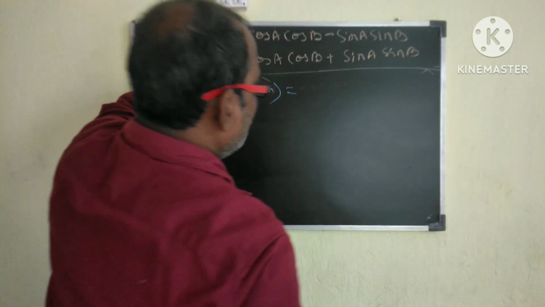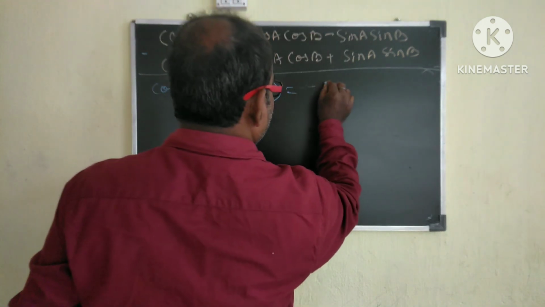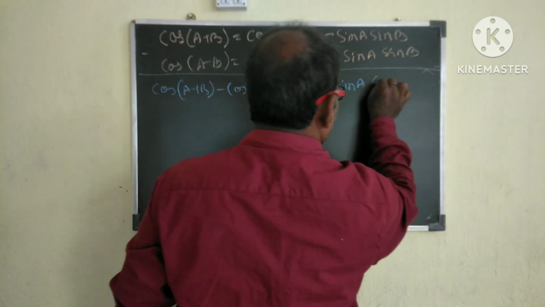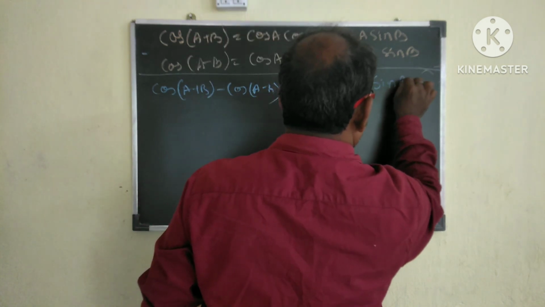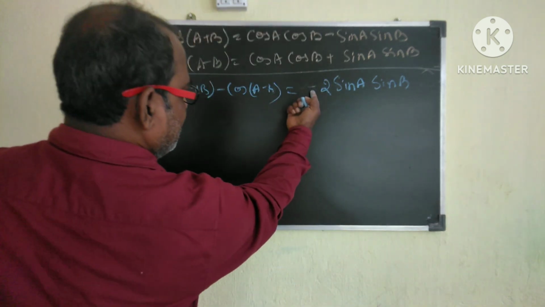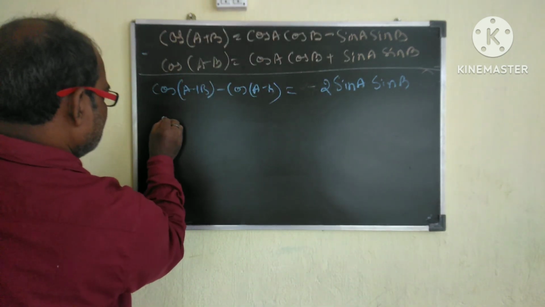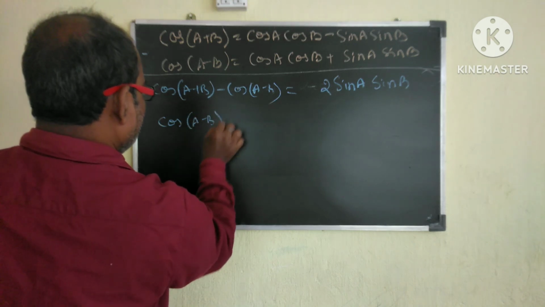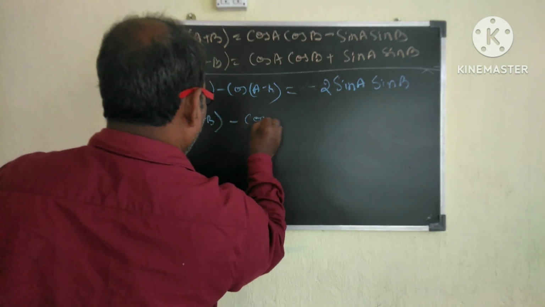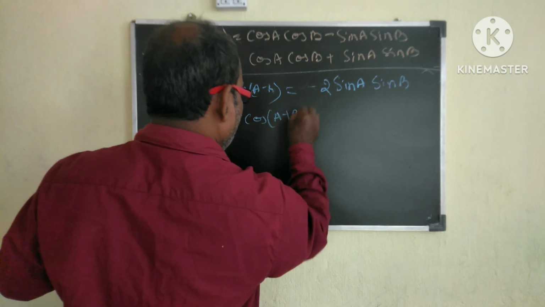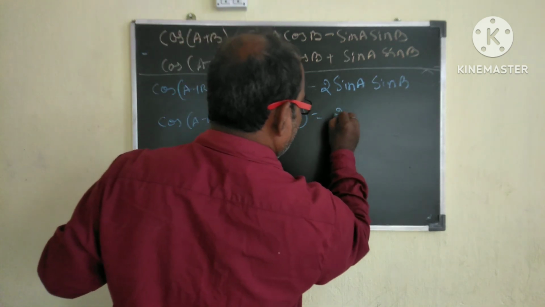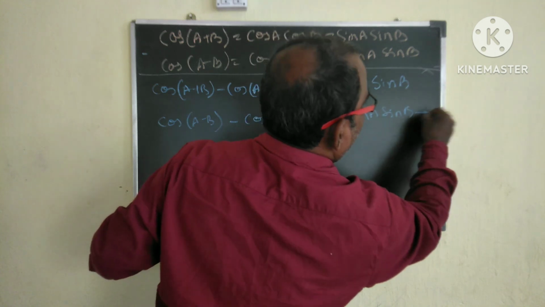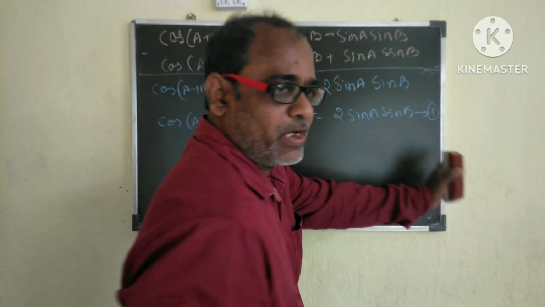So finally what we get here is minus 2 sine a sine b. So now taking the sign over this side, we get cos a minus b minus cos a plus b equals 2 sine a sine b. This is formula number 4. This is a very important formula.